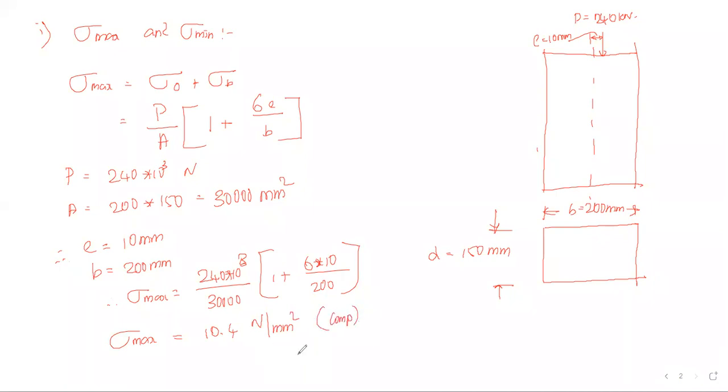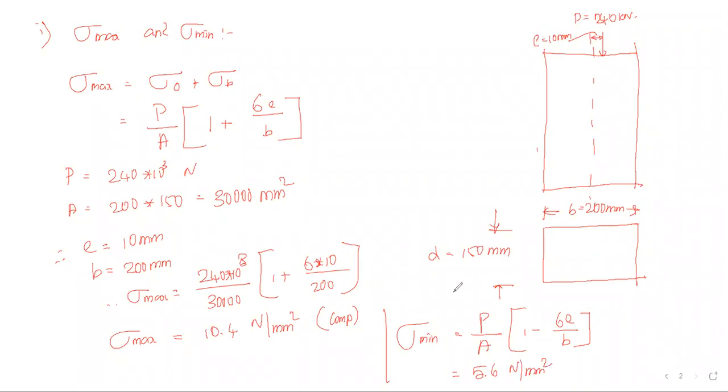Next is sigma minimum. Here the formula changes to P by A into 1 minus 6E by B. If I substitute these values, the answer is 5.6 Newton per mm square.